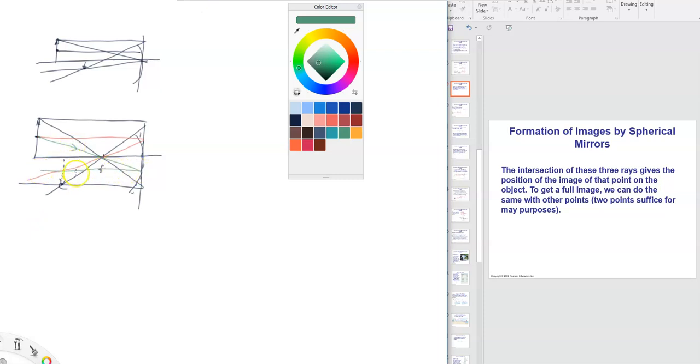So where they meet is this point. Likewise, we can recreate the whole image, but we don't have to. All we need to know is where one point, typically the top of the image, appears, and then we just draw the rest. Okay, that is how these ray diagrams work.